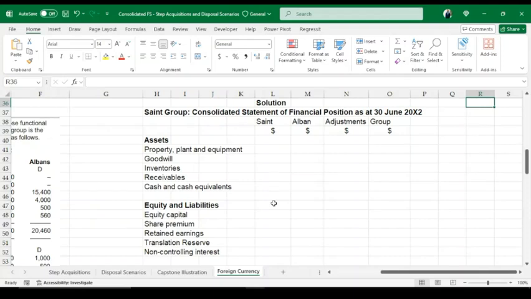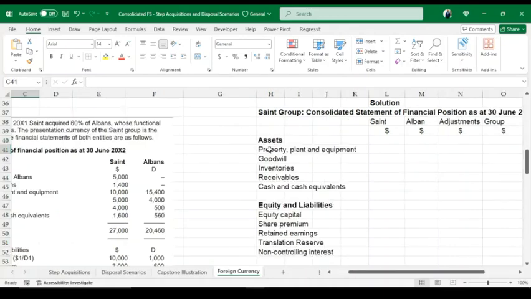So Alban is a foreign subsidiary with the functional currency in dollars, D. And the group parent is Saint, which has dollars as its functional currency and presentation currency as well. So we have to translate the result of Alban from D to dollars. And that is what we are coming to do in this particular video.